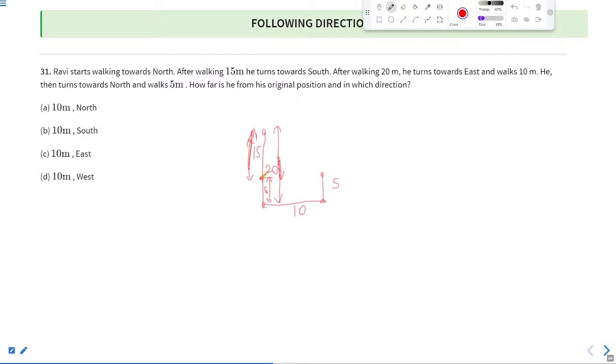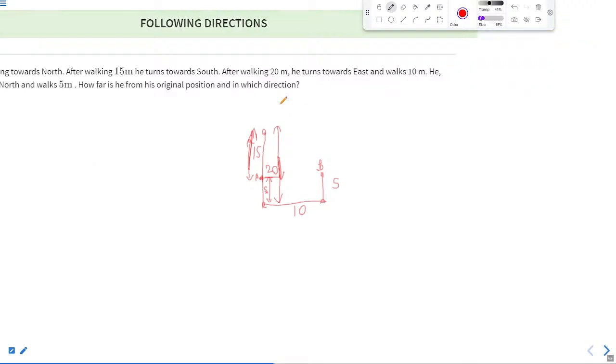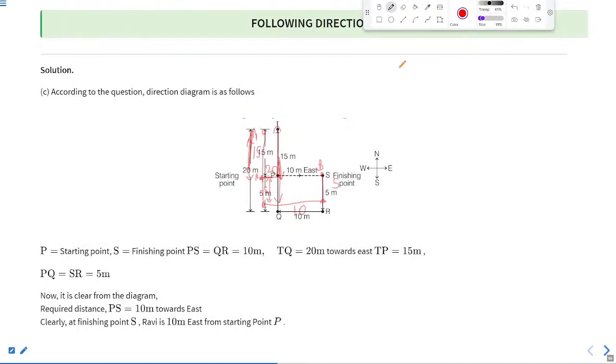So, given that this is his starting point A and this is the end point B, he is just 10 meters east. Answer is C. Given the movement diagram, it's clear the required distance is PS, 10 meters towards east. So at the finishing point, Ravi is 10 meters east from starting point P.